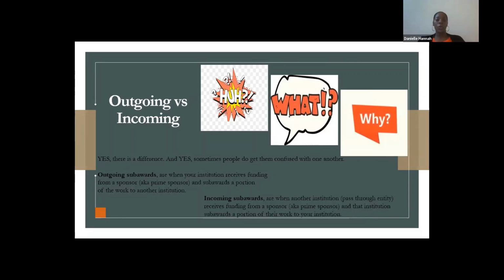Incoming subawards are when another institution, a pass-through entity, receives funding from a sponsor, and that institution subawards a portion of their work to your institution. We are going to be focusing on outgoing subawards for this particular presentation.